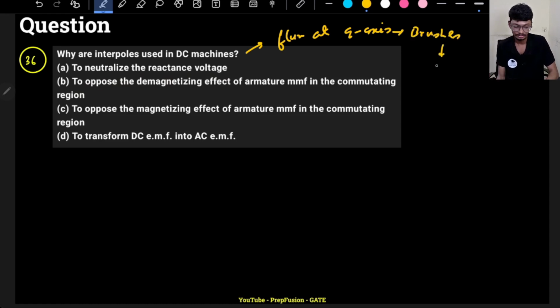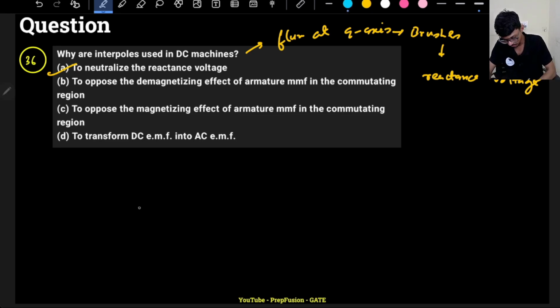If I don't nullify the q axis flux, there will be reactance voltage and sparking. So that's why the interpoles mainly help in neutralizing the reactance voltage. The demagnetizing effect of armature mmf is mainly counteracted by the compensating winding.